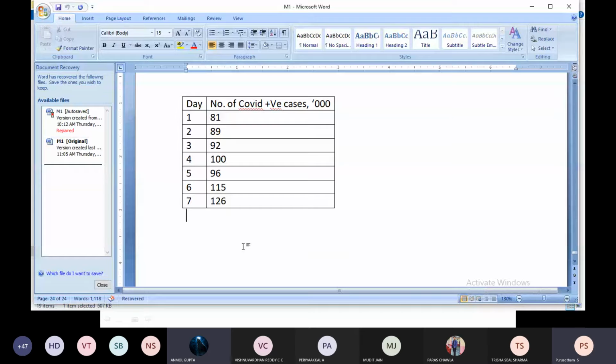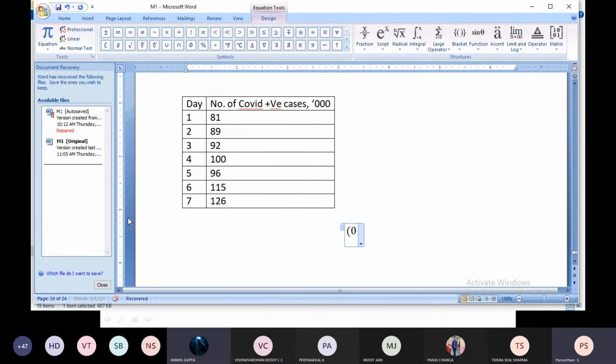Okay, as I said, I quickly type the things. xi, yi, where i is equal to 1, 2, and so on up to n tabulated points.